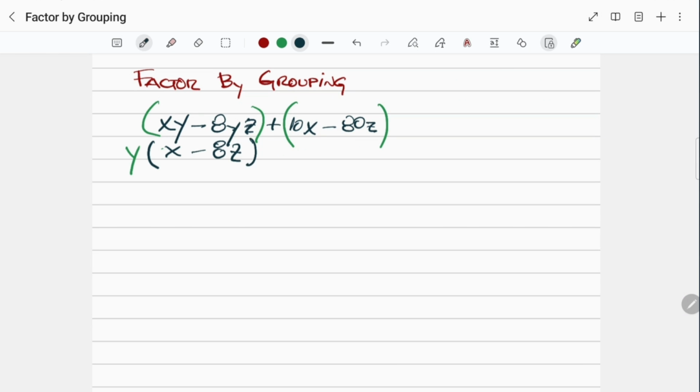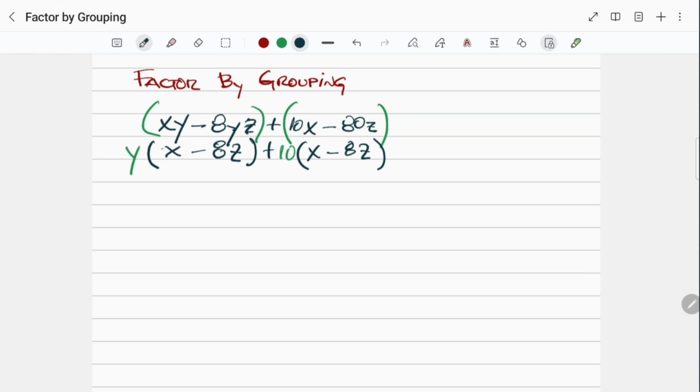Close the parenthesis. In the second parenthesis, my common factor is 10. This 10 is my common factor of x minus az. Close parenthesis.